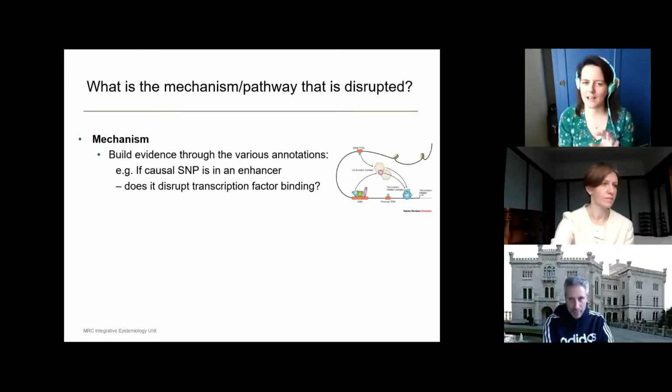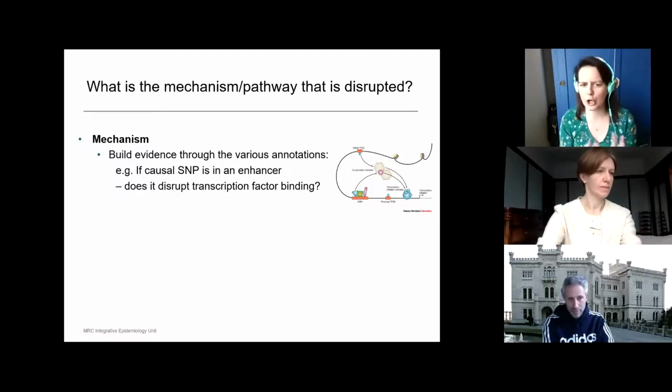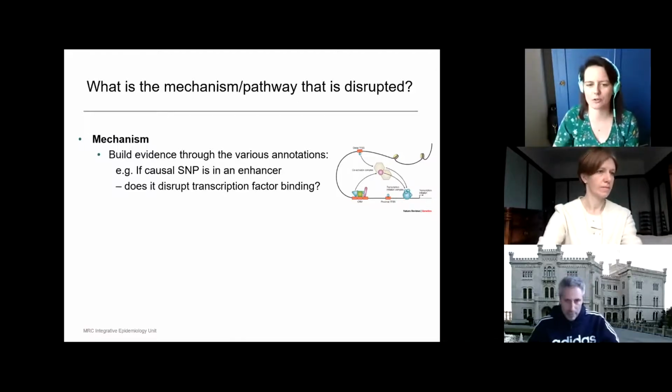And really having a good idea of how your SNP is having its functional consequence on the gene of interest. Because if you want to disrupt that or enhance it in some way, you need to know what it is that you need to work with. So what's going on at a local scale that's causing that functional relationship is really important.